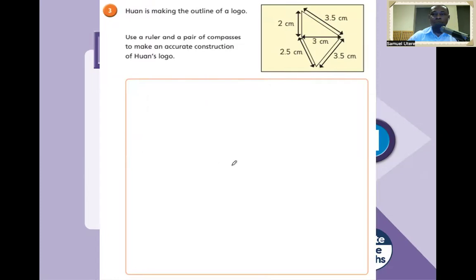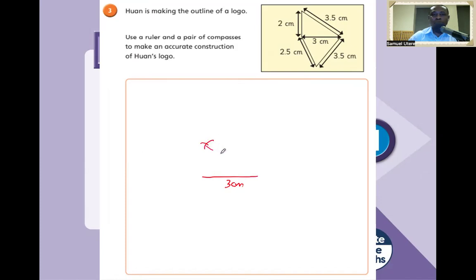So let's discuss it. First, you take your ruler and draw a horizontal line that is 3 centimeter. Next, you open your compass to be 2 centimeter, place it at the end of this line and mark a 2 centimeter arc. Next, open your compass to be 3.5 centimeter, place the compass at the other end of the line and mark the 3.5 centimeter arc.